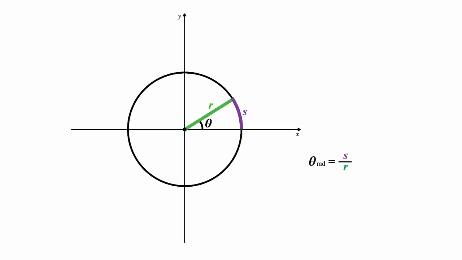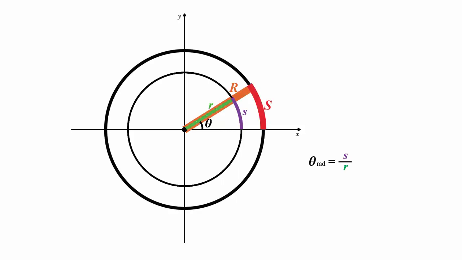Now the reason that this definition works is because no matter how big the circle is, if we compare the arc length spanned by that angle in the circle and the radius of the circle, we always get the same fraction. This ratio S over R is constant for that particular angle theta.